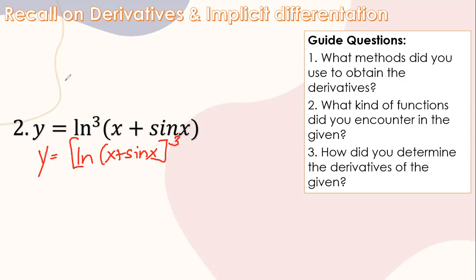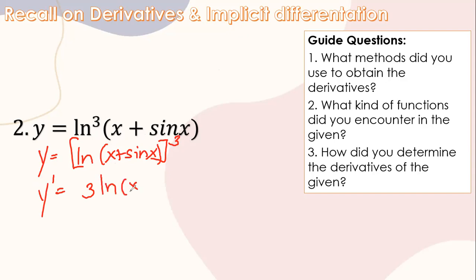Okay, pag kumukuha tayo ng derivative tapos may exponent, so involved lagi ang power rule. Okay, so for our y prime, we have power rule, bababa sa exponent, copy yung buong function na naka-raise sa exponent.